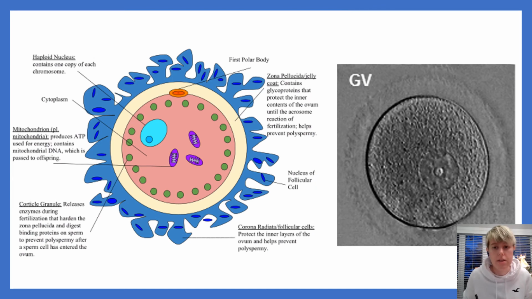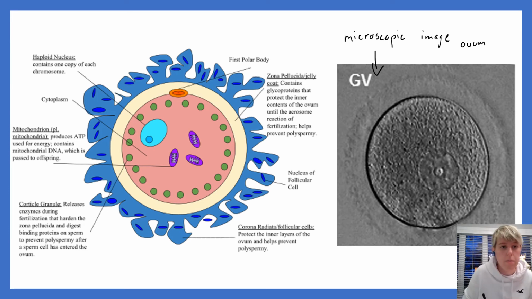So this is just another zoom of the ovum. Here we have our microscopic image of an ovum, and what we have right here is a sketch of the ovum.